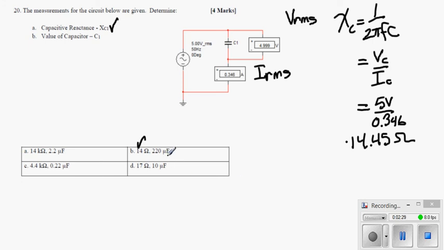But just to be sure, we need to verify whether or not the value of the capacitor is correct. All right, so we have XC is 14.45 ohms.